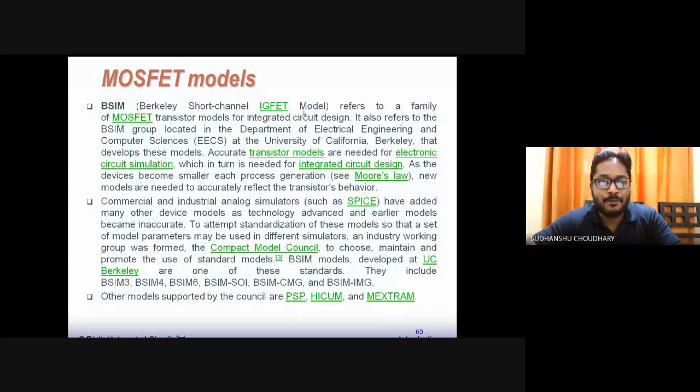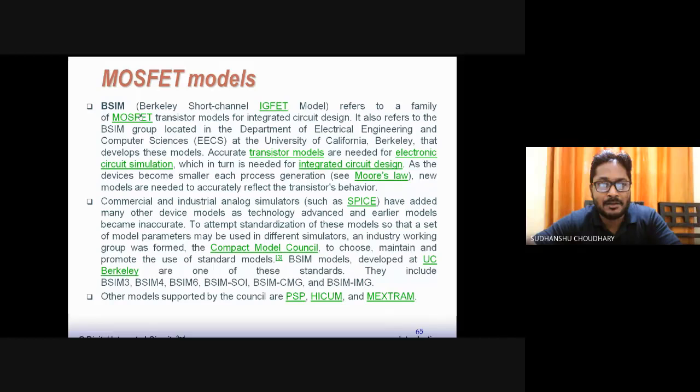These refer to a family of MOSFET transistor models for IC design, and this BSIM model, that is the Berkeley model, is proposed by the University of California, Berkeley. So this university gives these models.